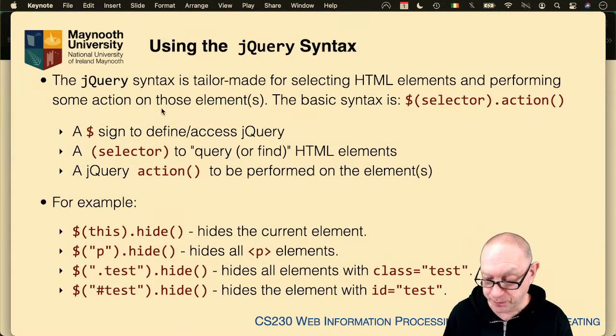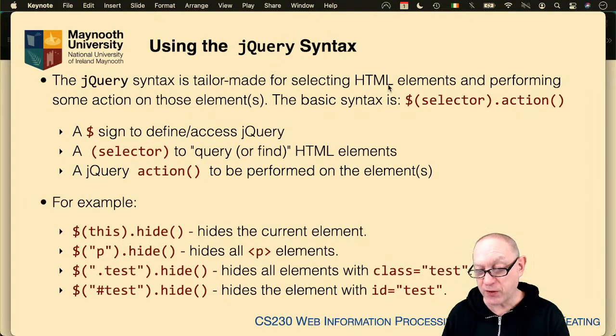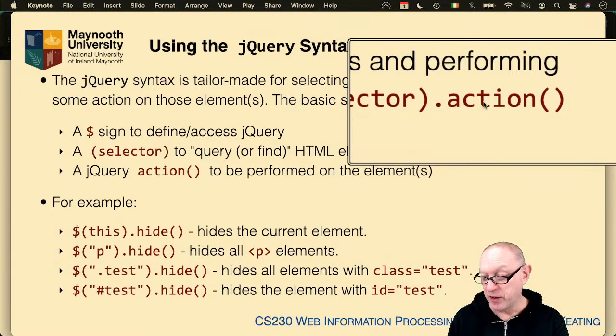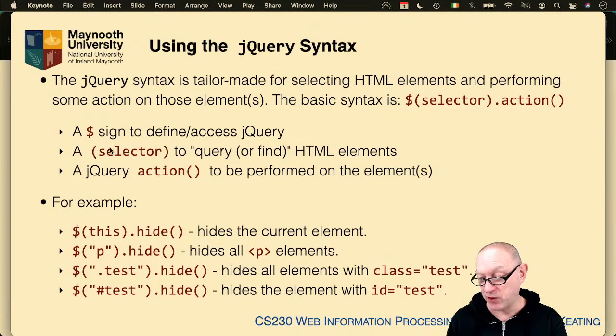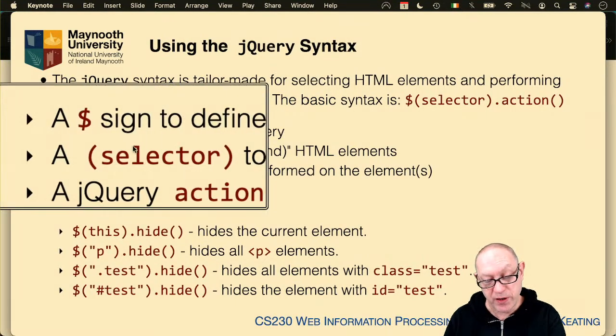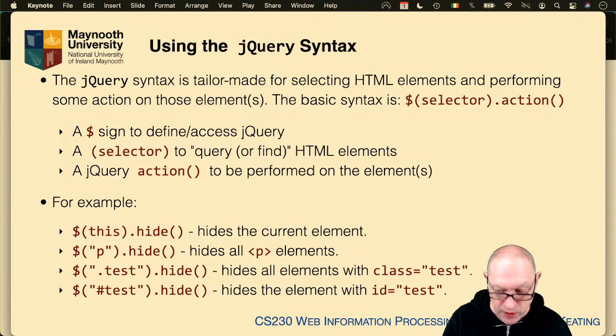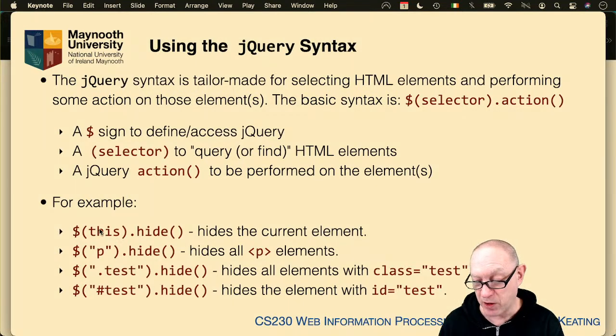So the syntax for jQuery is tailor-made for selecting HTML elements and performing some action on those elements. The basic syntax is a dollar sign, brackets with a selector, and then what the action is, and it's just a method. The dollar sign is assigned to define that it's jQuery. The round brackets are a selector, which queries or finds some HTML elements, and a jQuery action can be performed on all of the elements.